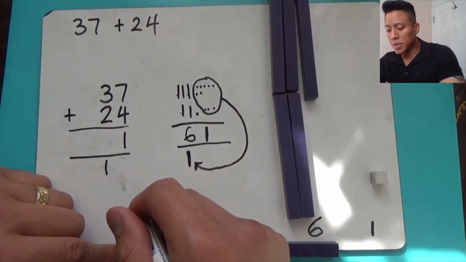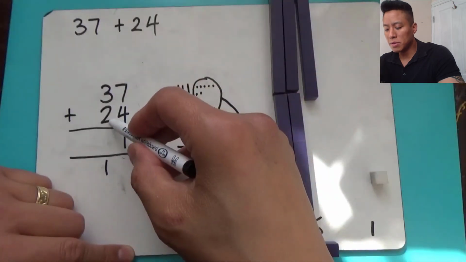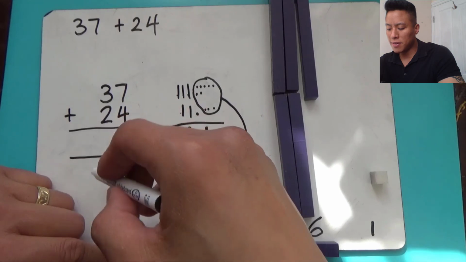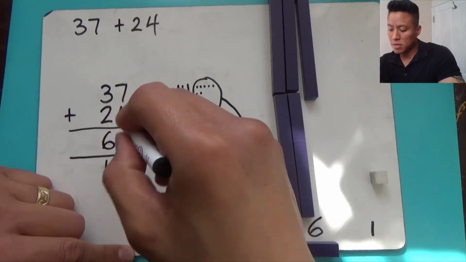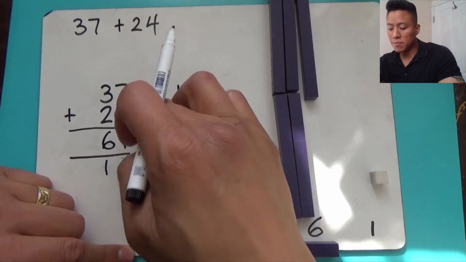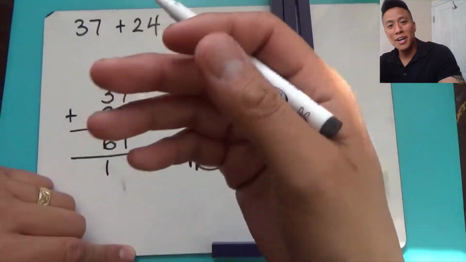Now I can add up all my tens. I know that 3 plus 2 is 5, but there's my other ten here as well. 3 plus 2 is 5, plus the 1 equals 6. So 37 plus 24 equals 61. This is how you could use the column method.